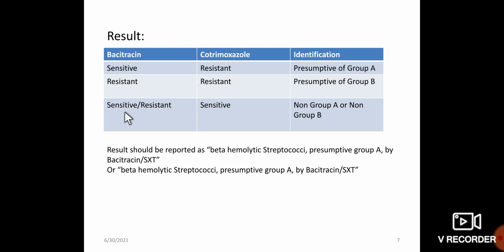Suppose bacitracin is either sensitive or resistant, doesn't matter, but cotrimoxazole comes as sensitive, then we will say it is non-group A or non-group B. So how will you report? You will report it as beta hemolytic streptococci presumptive of group A by bacitracin SXT, or group B colonies. So like that we have to report.